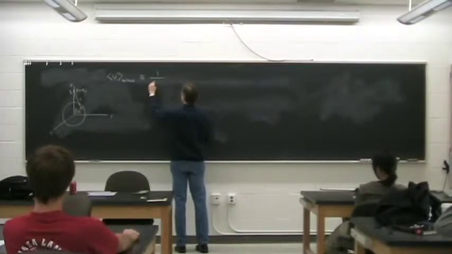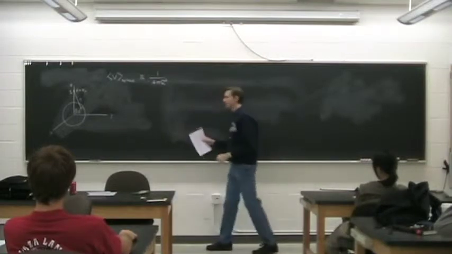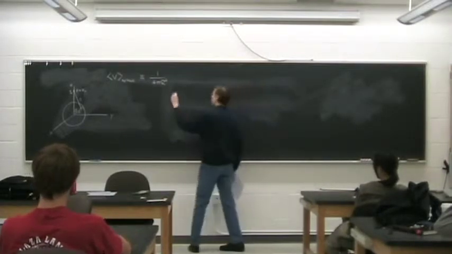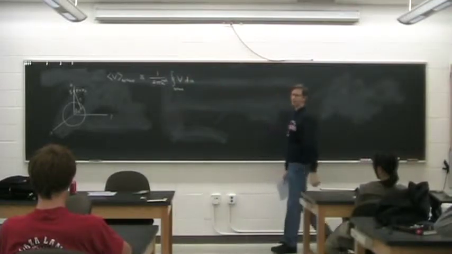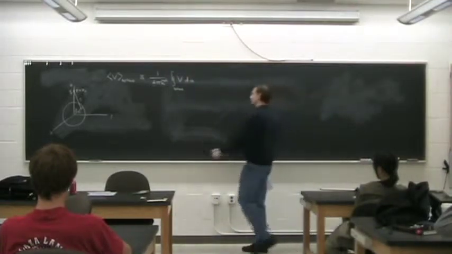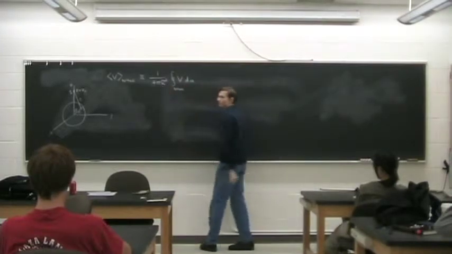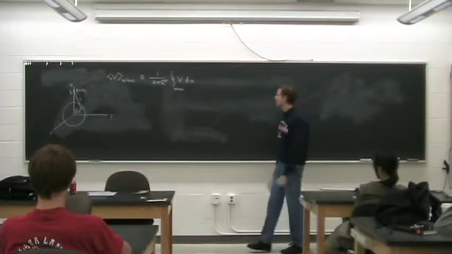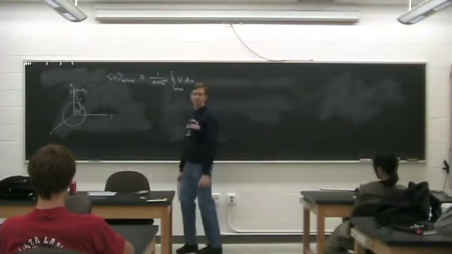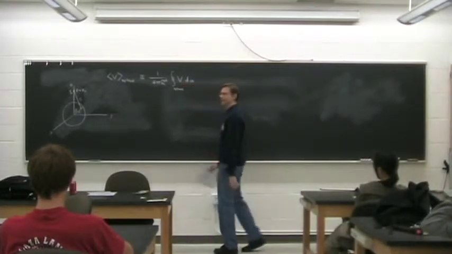So if we're going to average over the surface of the sphere, the logical definition of the average would be to take 1 over the area of the sphere and multiply that by the area integral of the potential. So the average of the potential over the surface of the sphere ought to be the integral of V dA divided by the surface area of the entire sphere, in other words, the integral of dA over the surface of the sphere. That's our definition of what we mean by the average.